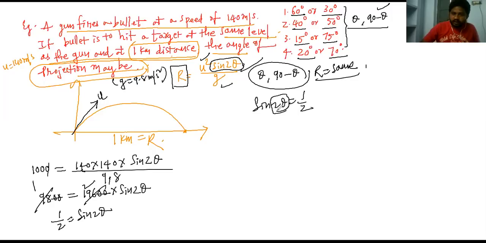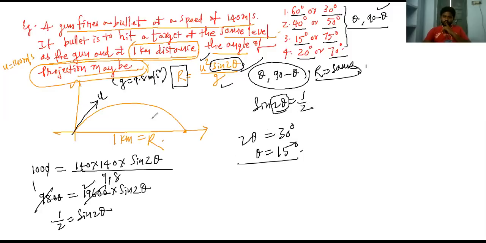When this 2 theta value is 30 degrees, then only sine 2 theta is 1 by 2. From here, theta is 15 degrees, my dear students. But there are two options here. The same range is also possible. Imagine if this theta is 75 degrees, for 15 degrees projection also, you get the same range, right?